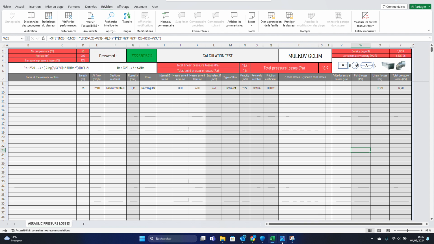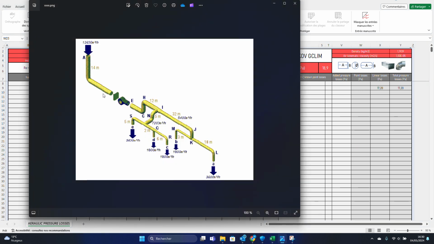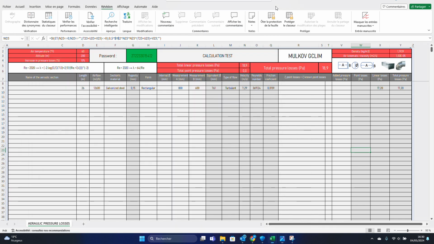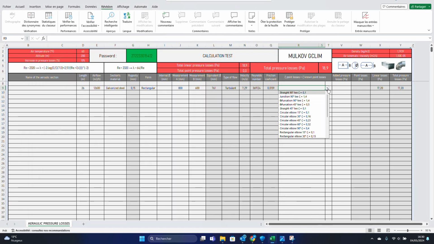And now we have to find the point losses of this part. So we have rectangular elbows and a straight T. So I'm going to mark the straight T of 90 degrees, so this one. And also we've got three rectangular elbows of 90 degrees.